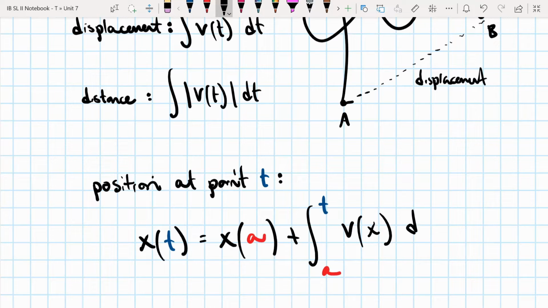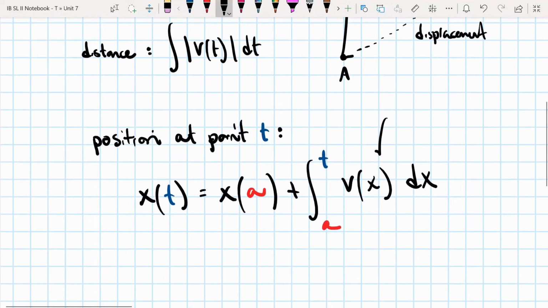And we have to use a different variable here because we're already using t, so we're going to use what we call a dummy variable, and that variable in this case will be x. And so this is the position at point t equals a.